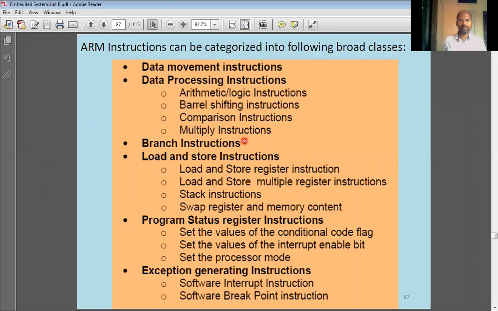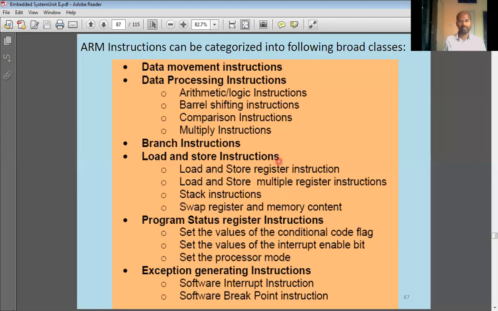Normally the program executes like this: first line is executed, after that second line, after that third line, and sometimes, based on jump instructions, which are called branch instructions, the execution is disturbed and moves to some other new location. Jump instructions are examples of branch instructions.